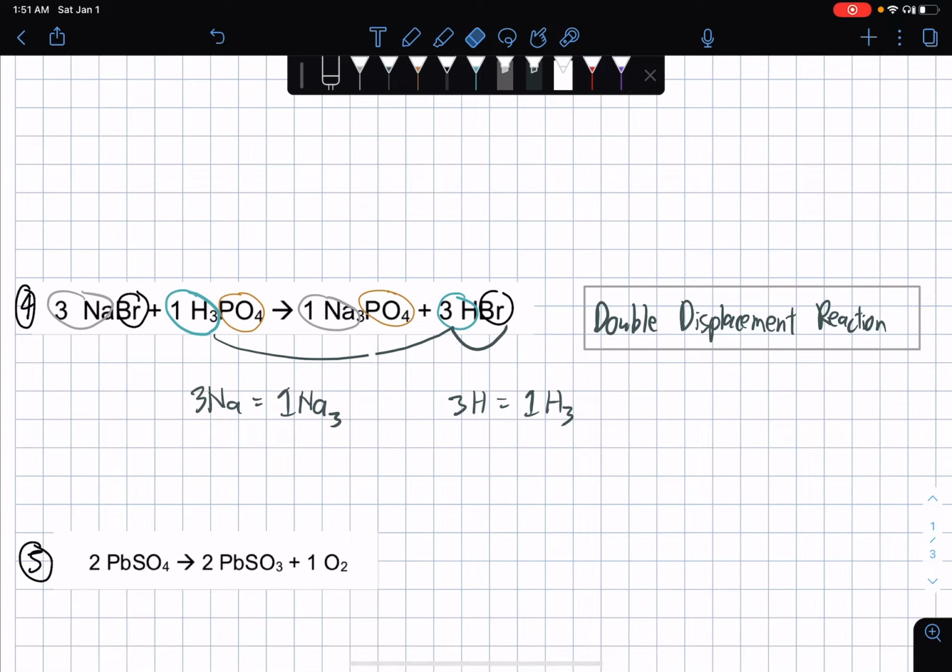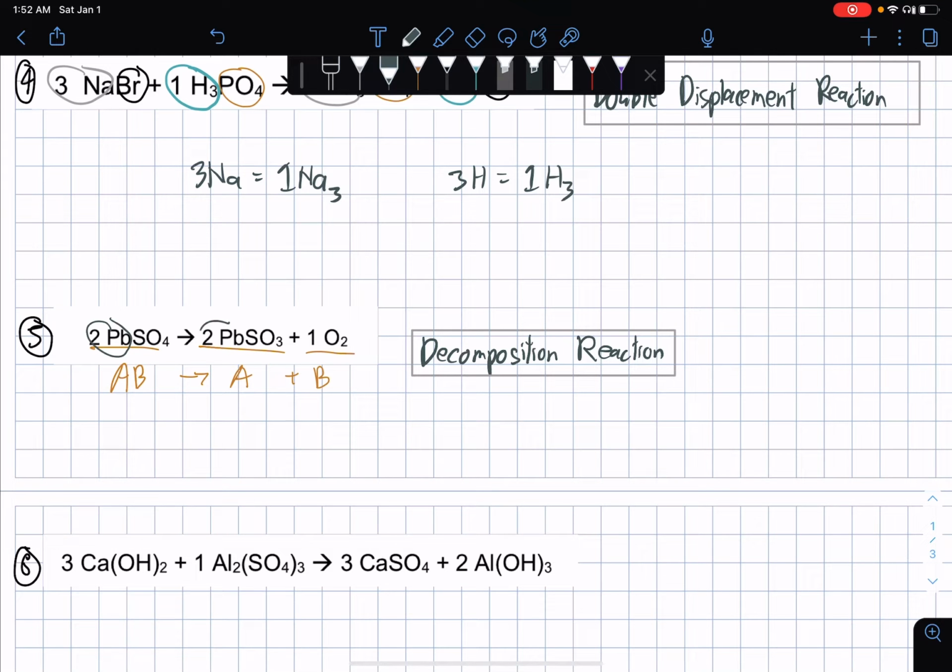Why? Well, you might want to inspect the composition of the product. Let's see, 2Pb. I think that's lead, if I'm not mistaken. I'm sorry, not really familiar with the periodic table just yet, but I'm trying my best. SO sub 4, SO sub 3.